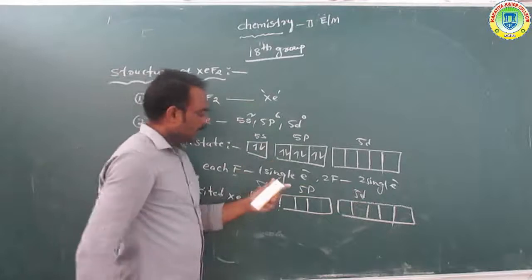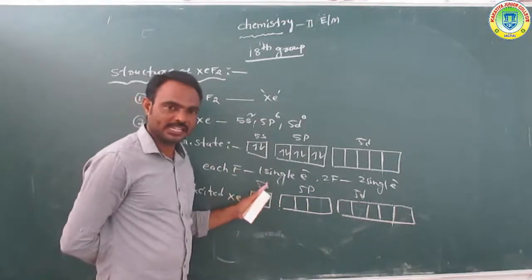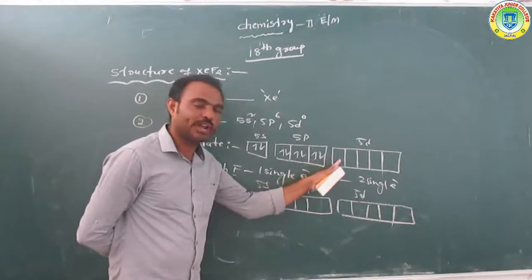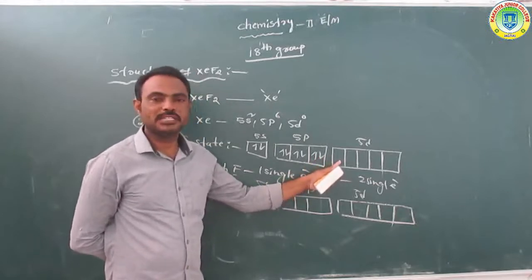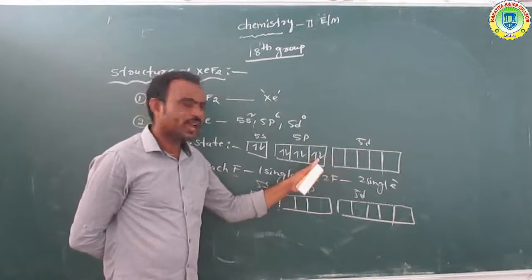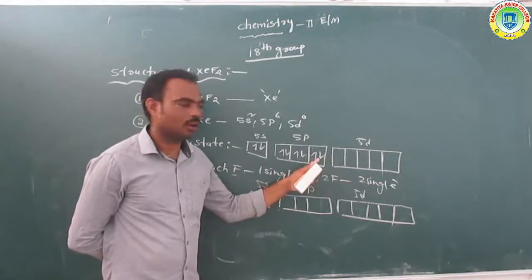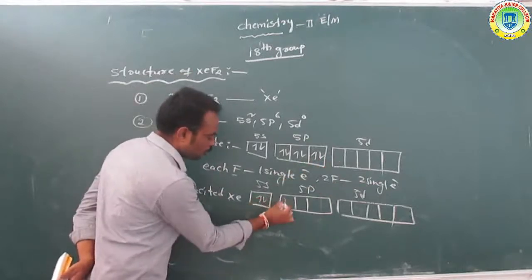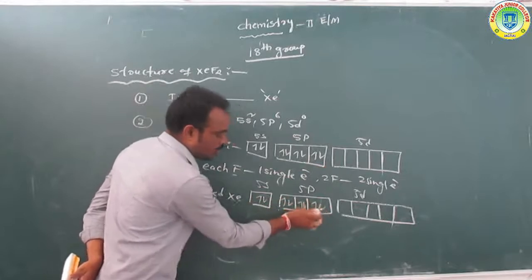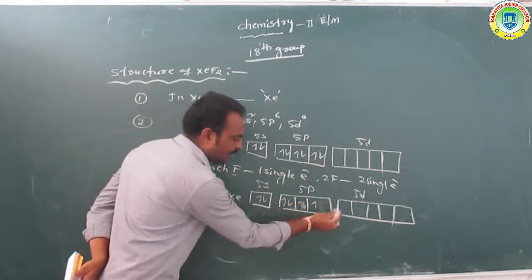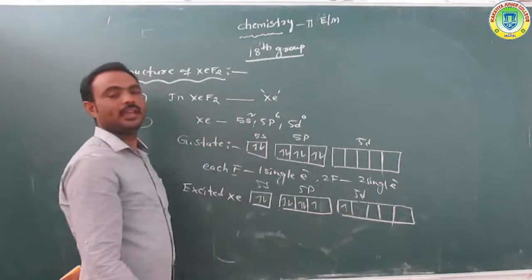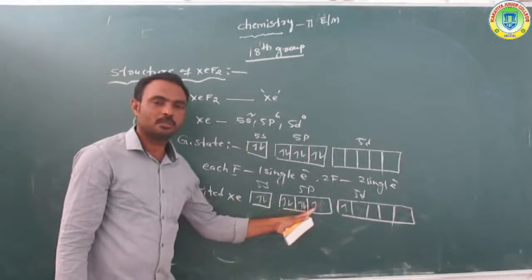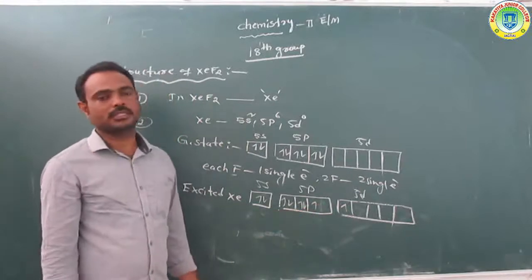In the first excited state, 1 electron of the 5p orbital jumps to the 5d orbital. In the first excited state, the xenon atom contains 2 single electrons.